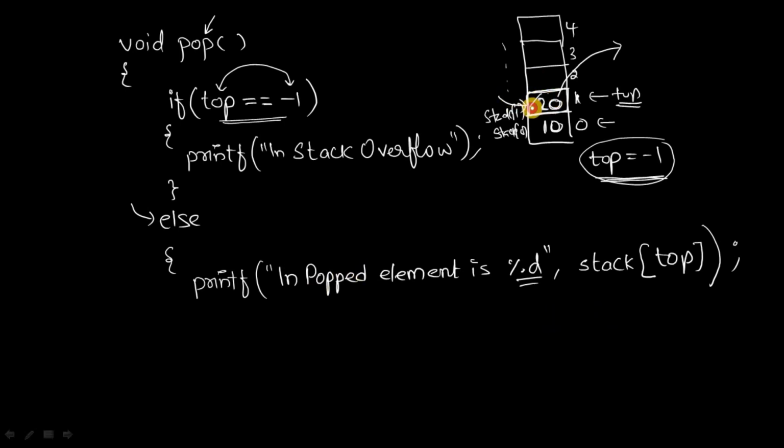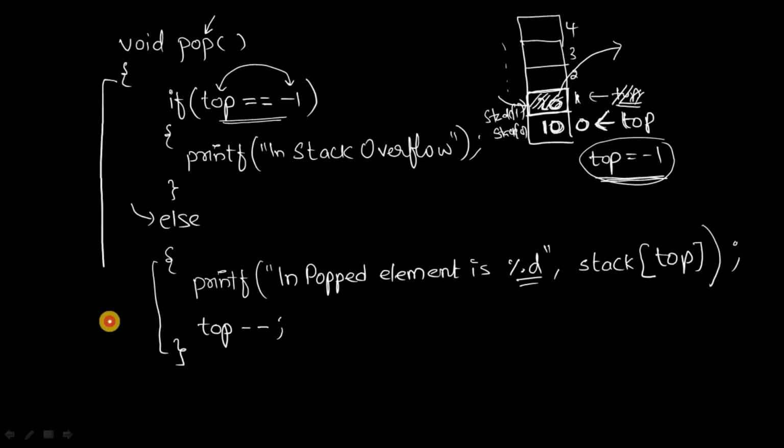And after deleting this 20, the next step is to decrement the top. So top value becomes 0. Now 10 is the topmost element, so you have to point to that element by top, right? So you have to decrement it. So how to decrement here? Top minus minus. Close the else part and close the pop function.